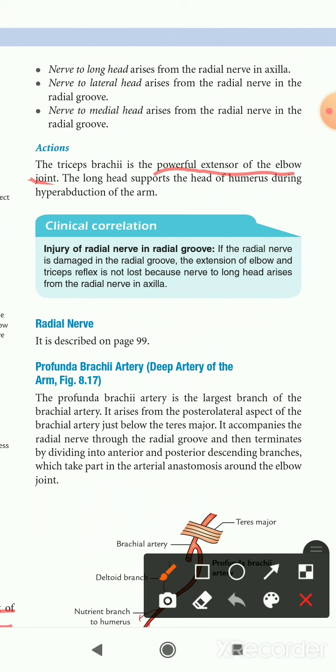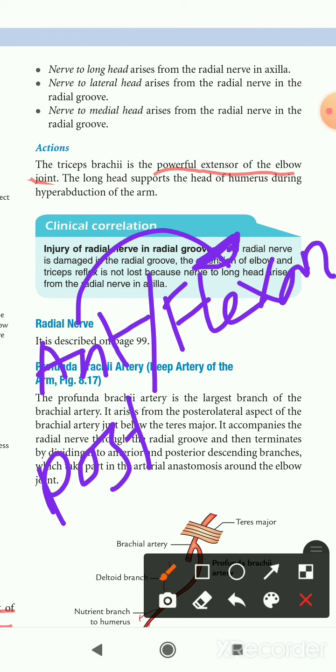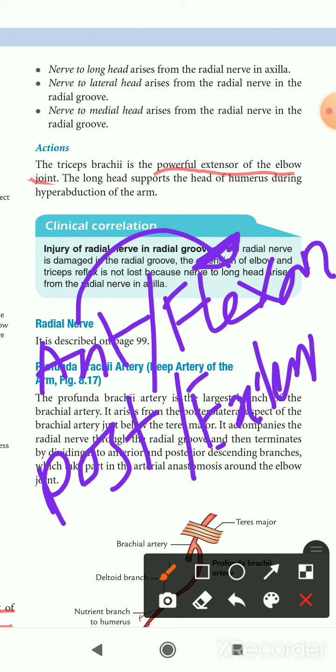About the actions, I want to say one thing. The muscles which lie in the anterior compartment, another name of which is the flexor compartment, will cause flexion. And the muscles which lie in the posterior compartment, another name of which is the extensor compartment, will cause extension.